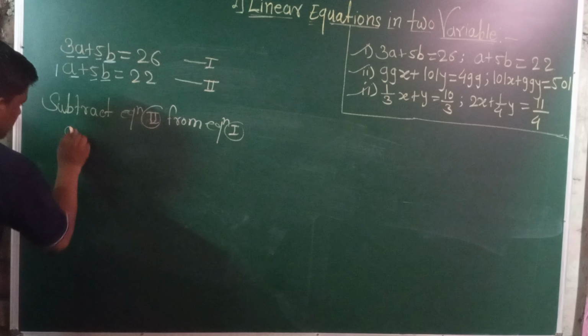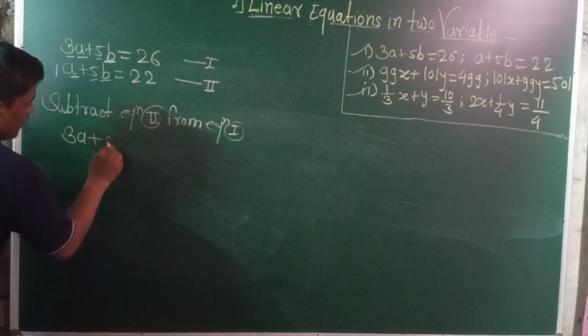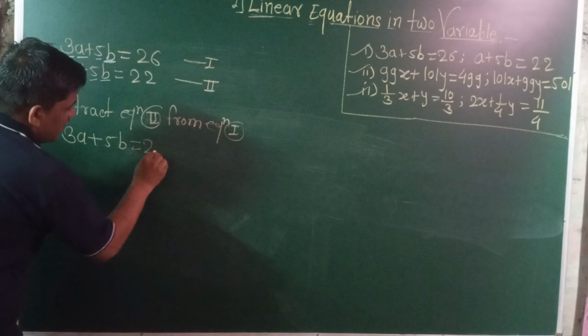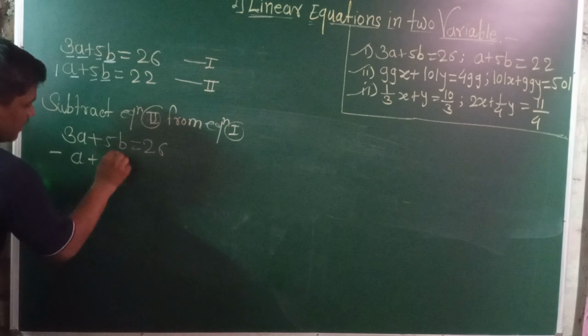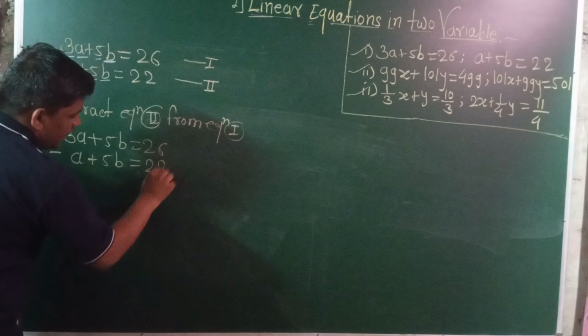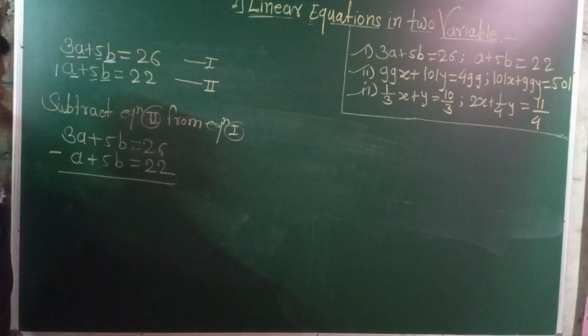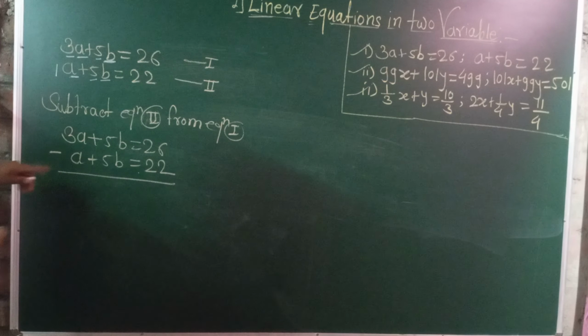Subtract: 3a plus 5b equal to 26, minus a plus 5b equal to 22. 3a minus a is 2a.